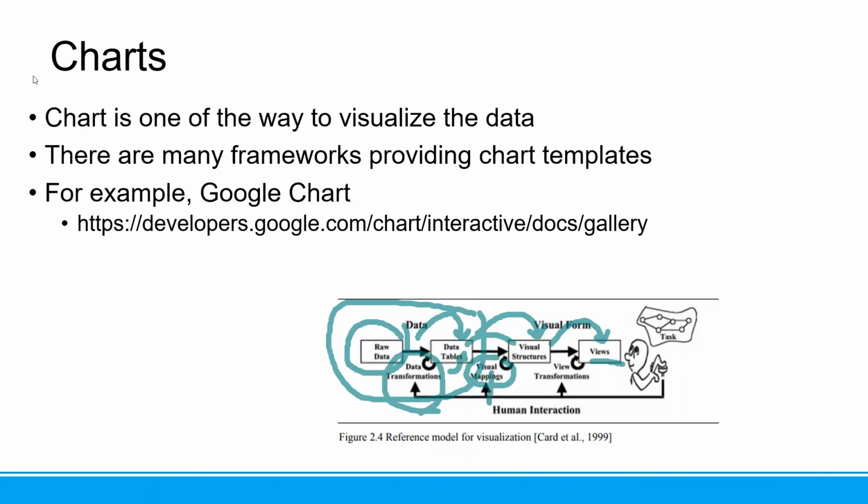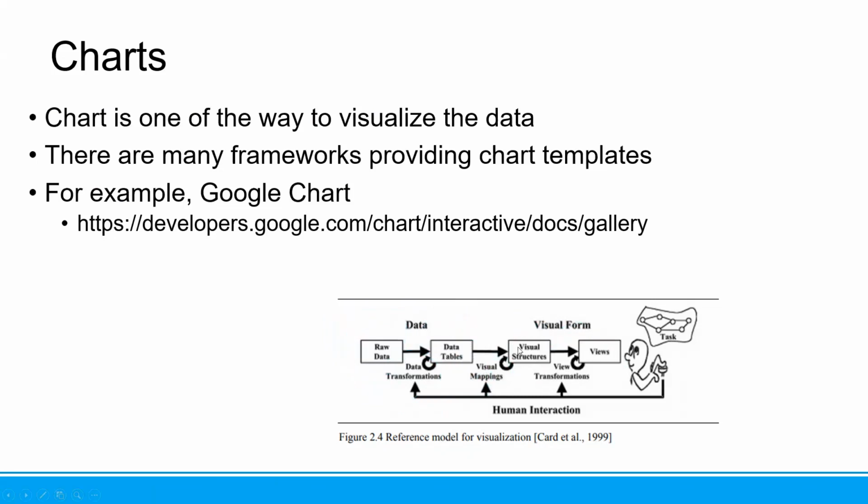So the visual structure can be anything. It can be in a list, or it can be in the dictionary. In Python, there are some data structures. Okay? And after we have those data structures, we can transform it into a view. So these steps require the human interaction.